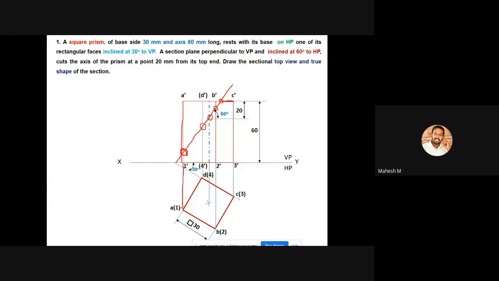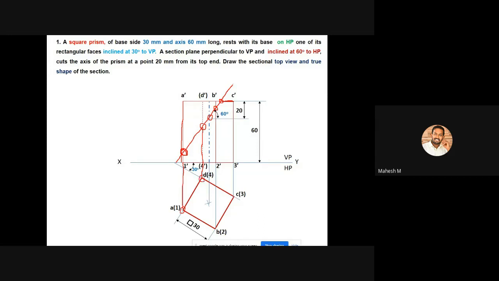So this is a cutting point. And this cutting point should be projected up to D 4. It is already projected. Please don't project this one, because we have a dotted line at this place. I'm just explaining the procedure. So please don't project this line. It is already projected.